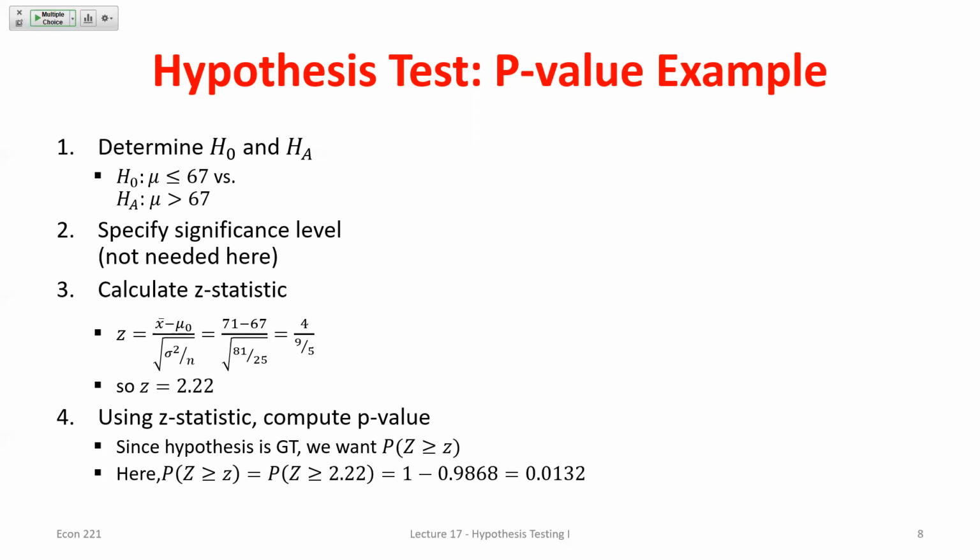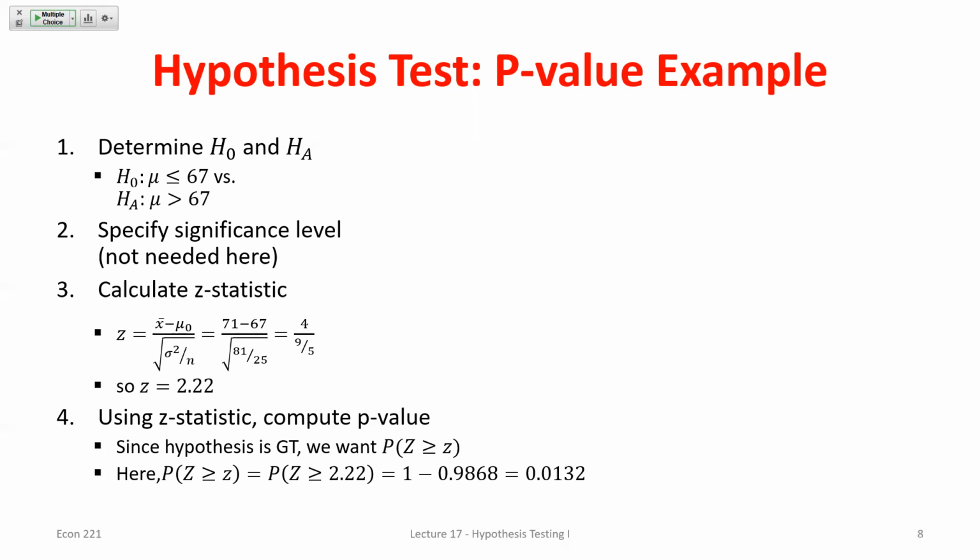One nice thing: with confidence intervals, I have to build all these different confidence levels. Once I get that p-value, I can start to compare it to all of the levels of alpha. So once I have that p-value of 0.0132, would that be less than an alpha of 0.1? Yes. So I can reject at the 10% significance level, which corresponds to the 90% confidence level.